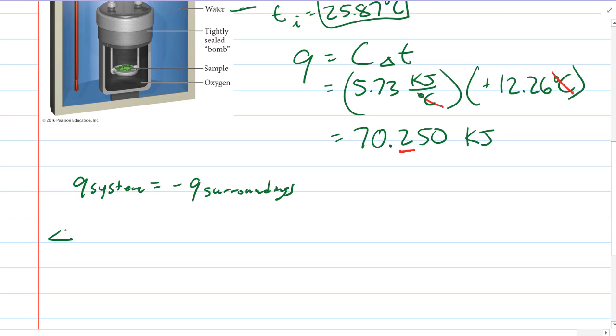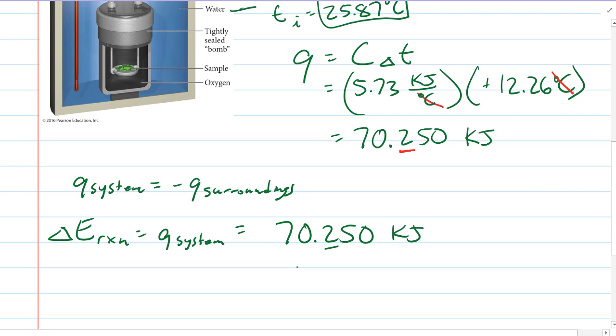And we just saw in our previous calculation that the enthalpy of reaction is equal to the Q value of the system. So we can then say that this is equal to 70.250 kilojoules.